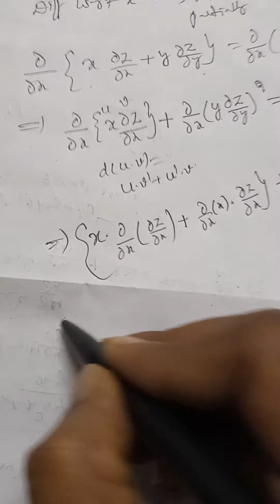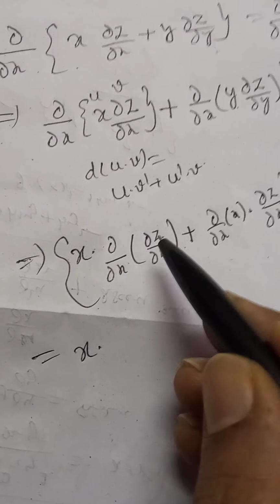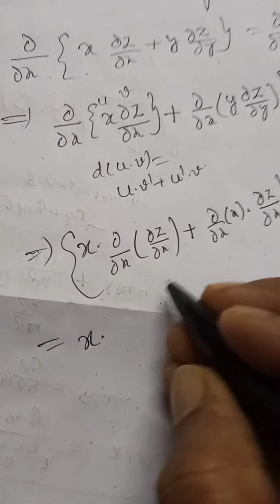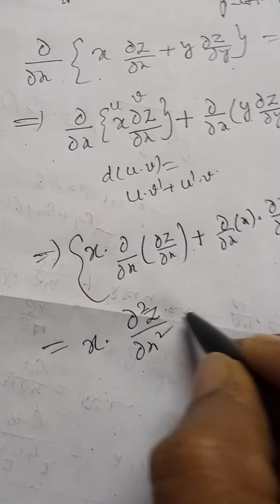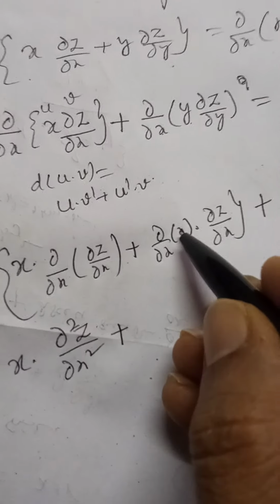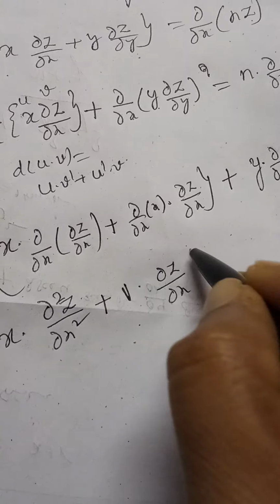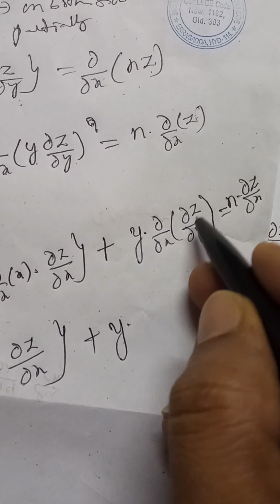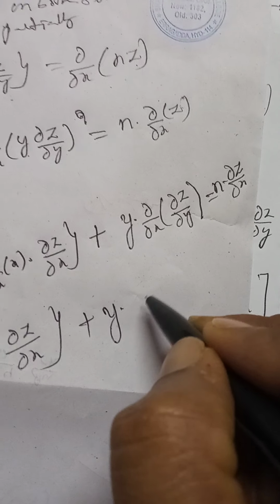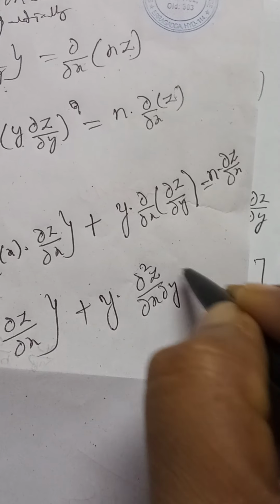Now come to here. Now x into this one, ∂/∂x of ∂z/∂x. The standard notation is ∂²z/∂x² plus differentiation of x with respect to x is 1 into ∂z/∂x, right, plus now here y into, now we have to differentiate this one with respect to y, so ∂²z/∂x∂y you will get.